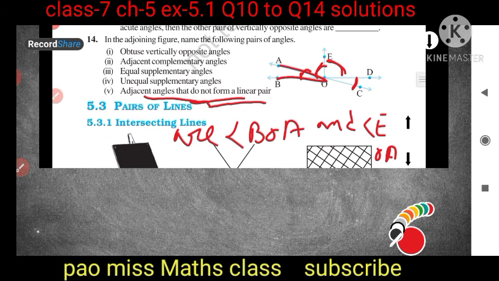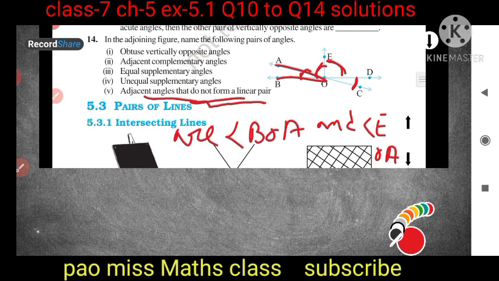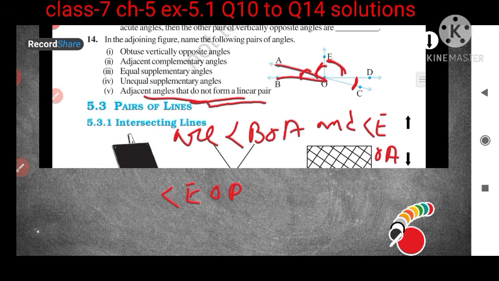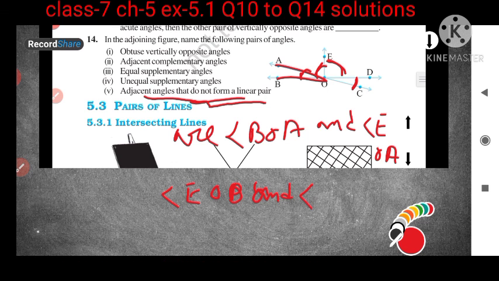Again we can see more pairs. Then give a comma. Then the next will be angle EOD and angle DOC, isn't it?